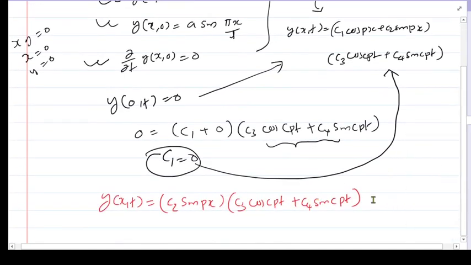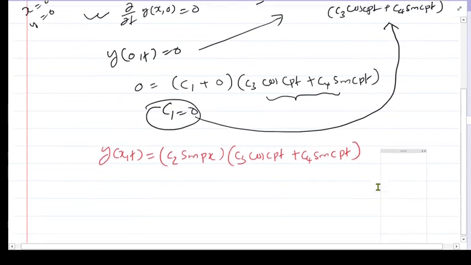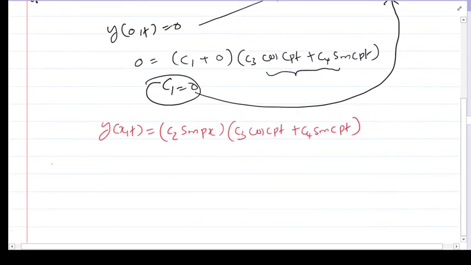Now we can apply any of the conditions as we like. I first apply the second condition, y of L,t equal to 0. We substitute it in this revised solution, which we can call equation 2.